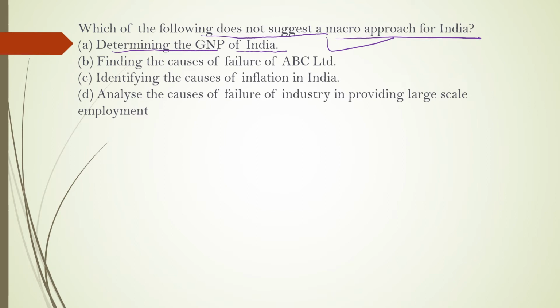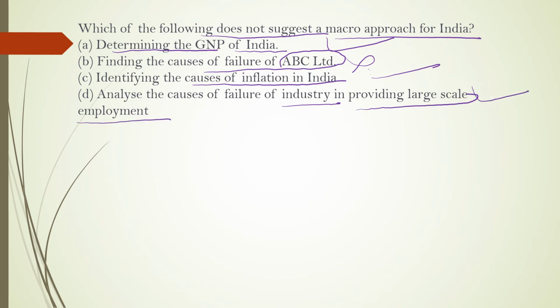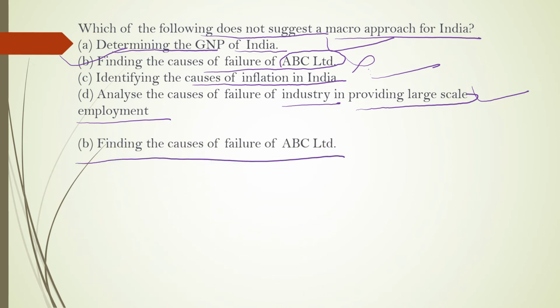Finding the causes of failure of ABC Limited, no. Identifying the causes of inflation is a macro concept. Analyzing causes of failure of industry in providing large scale employment, of course macroeconomics. The right answer is finding the causes of failure of a single firm. So that is causes of failure of ABC Limited.